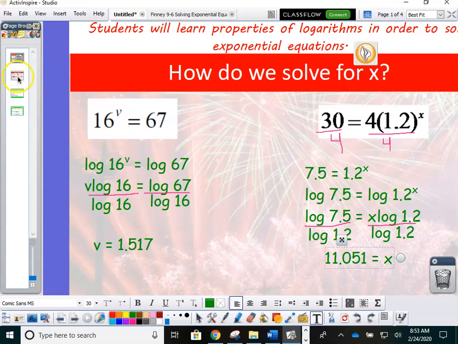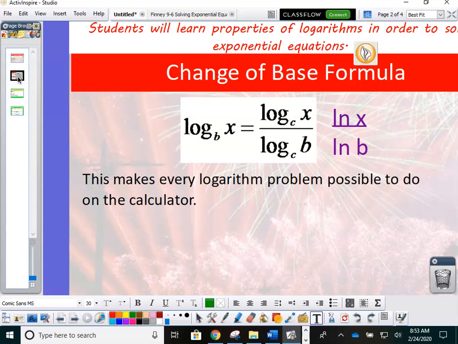Okay? Now, the other thing you might have to do is the change of base theorem. Remember I told you this really didn't matter? Because when we see the log base b of x, we could write that as b to the y equals x and solve.